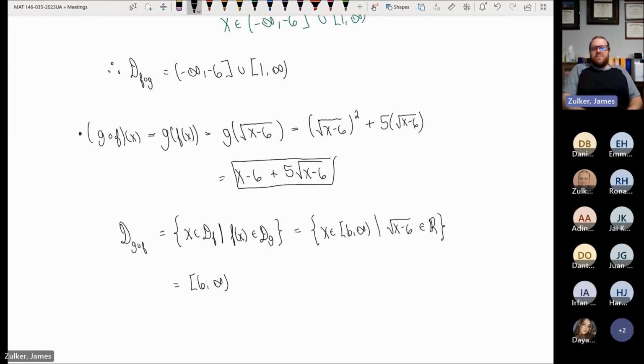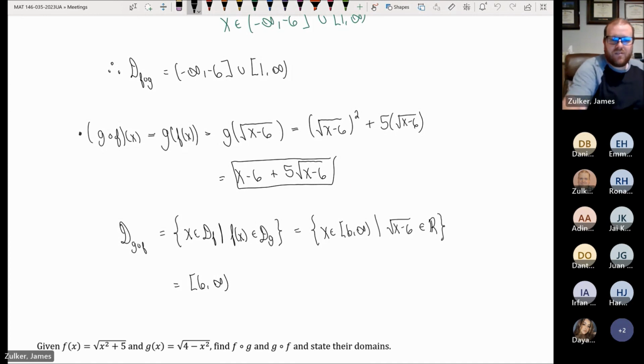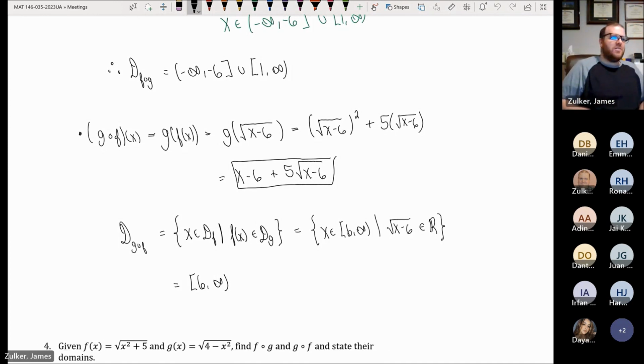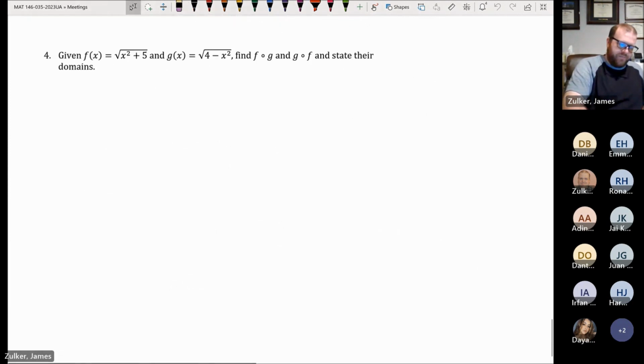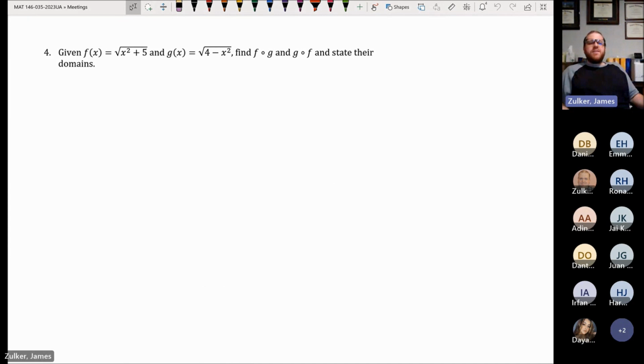So that's why the domain is just the domain of f. Same thing, different functions. Domain of f.